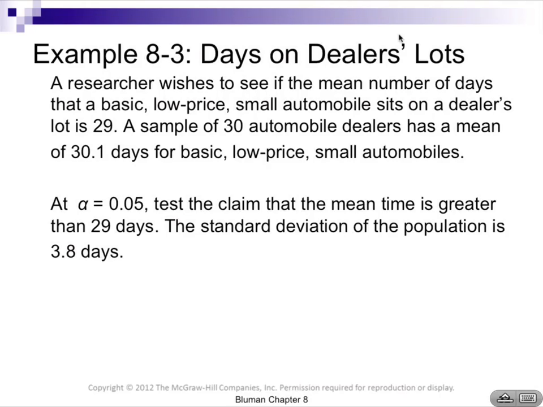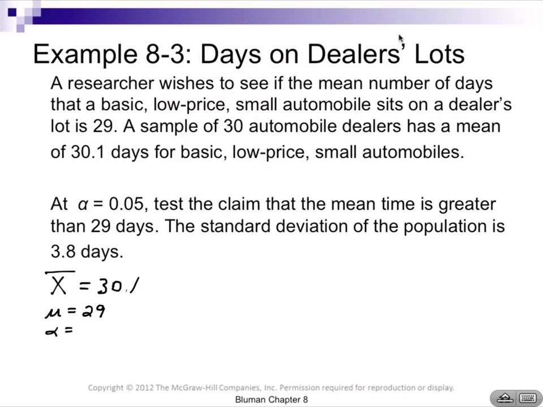All right, on the next slide there's going to be some of this typed out, but let's just look at this. First, we can list what we have. We have our x bar, that's 30.1 days. The mu is 29 days.